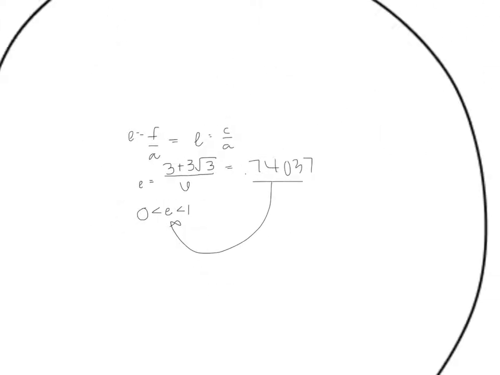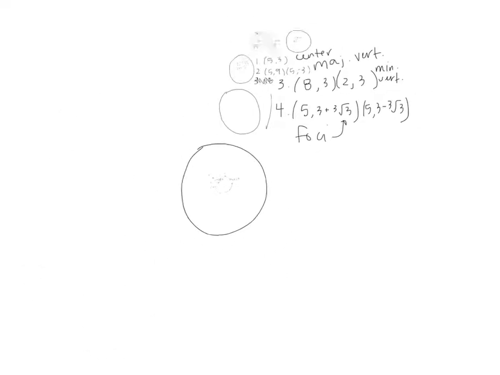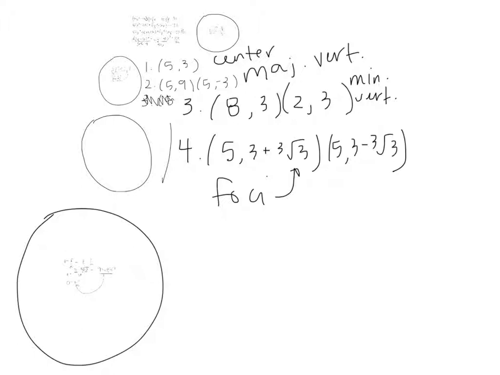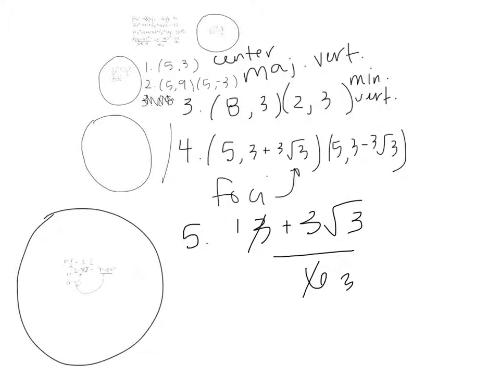So then, number 5. Our eccentricity is equal to 3 plus 3 root 3 over 6, or you could cancel that and you would get, I take that back.